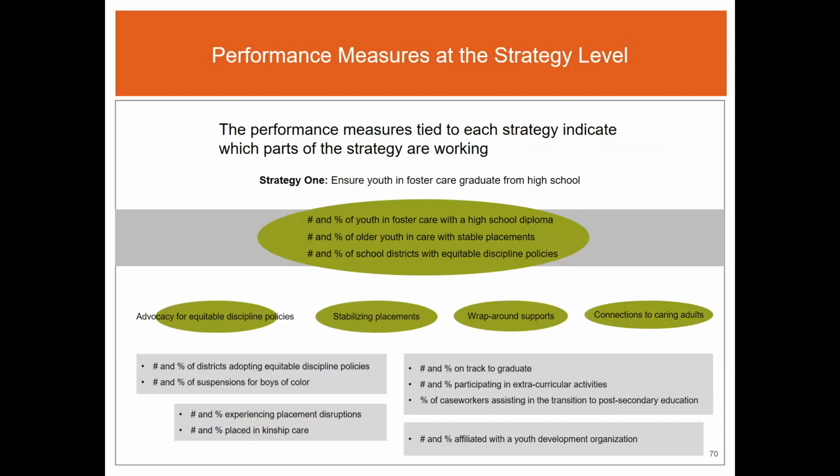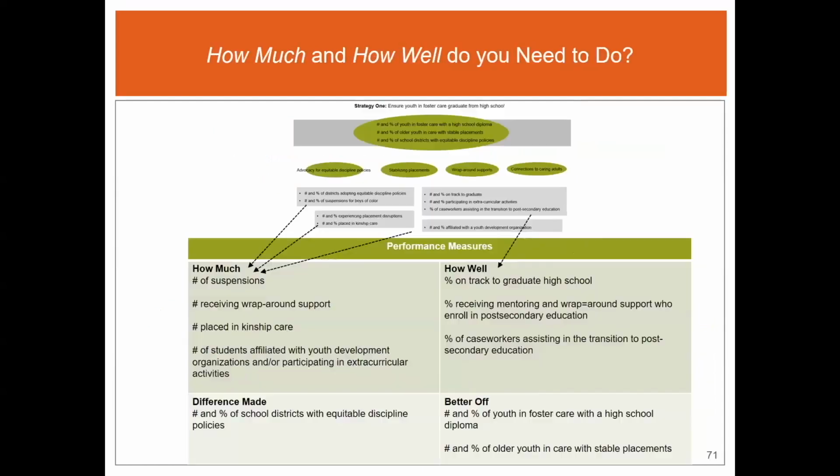And the group was able to move from what looks like a lot of performance measures to a coherent set of headline measures for the strategy. So you notice they took a few important ones from the measures they had developed for each of the subcomponents and came up with a data dashboard that a whole group of folks working together could monitor and pay attention to, and support one another and hold one another accountable as they thought about, are we doing what we said we were going to do, really stepping up to our hypothesis?